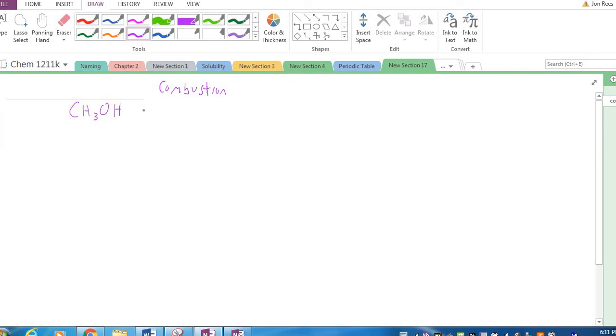But when you burn something, you add oxygen. You need oxygen to burn, and so this is a combustion reaction. Now when you have hydrocarbons with oxygen in there, the products are always going to be two things: water and CO2.